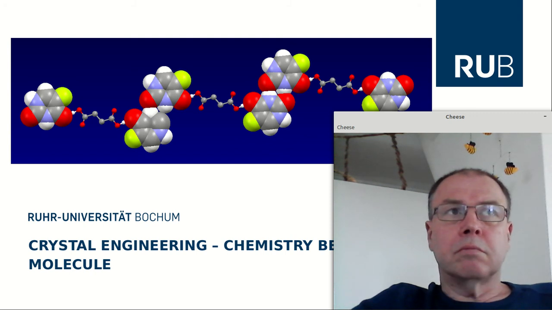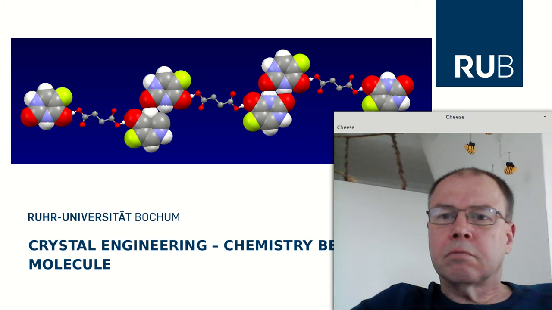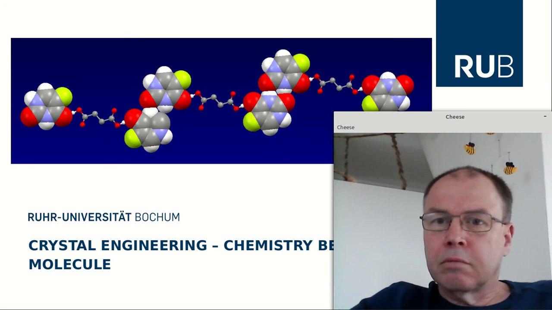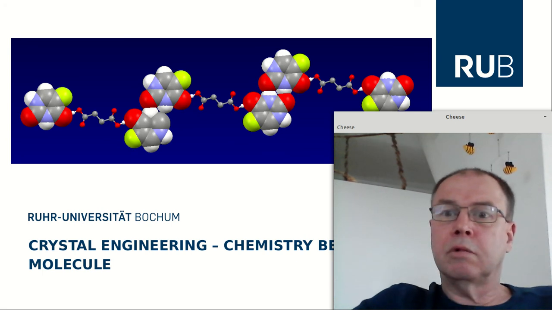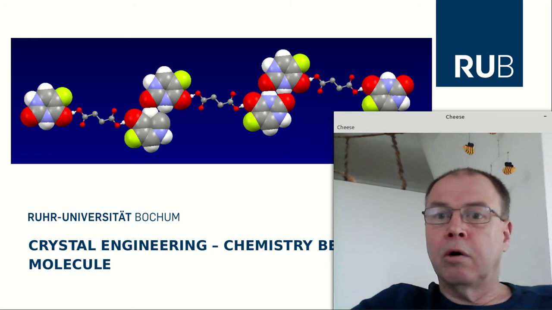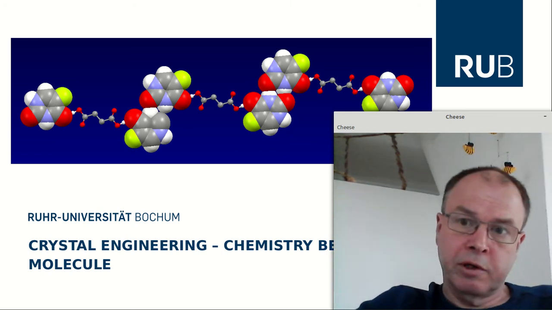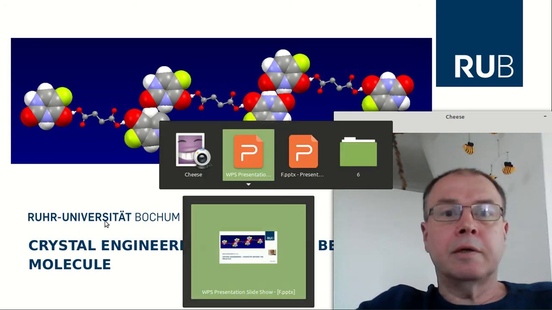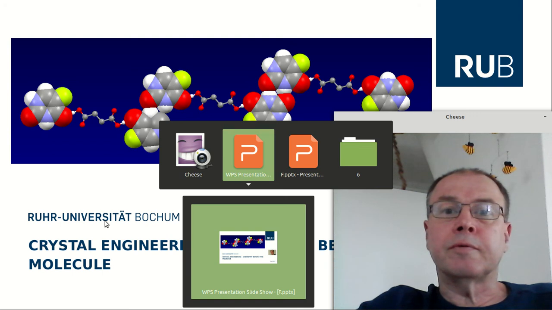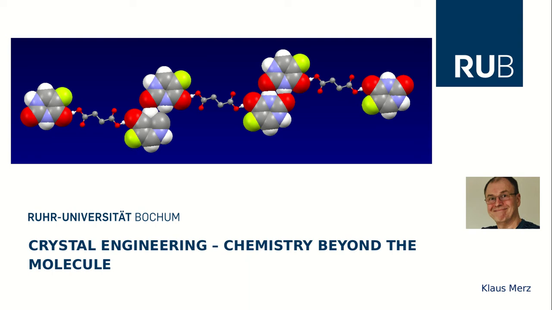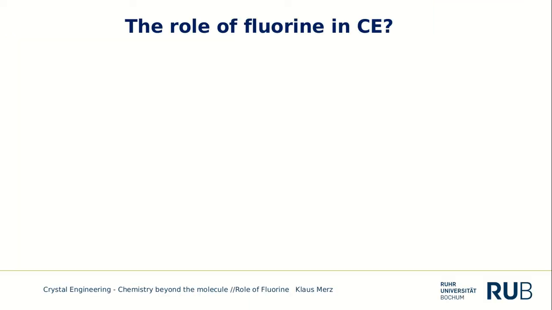Well, the question is now, can you use fluorine in crystal engineering, or is it only not useful in halogen bonding? And well, this is the topic of this video: the role of fluorine in crystal engineering.